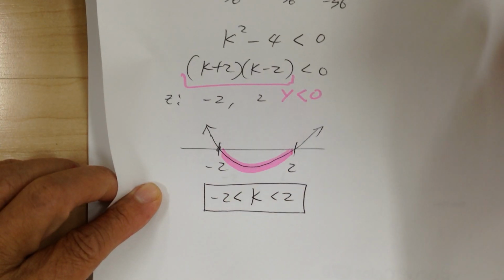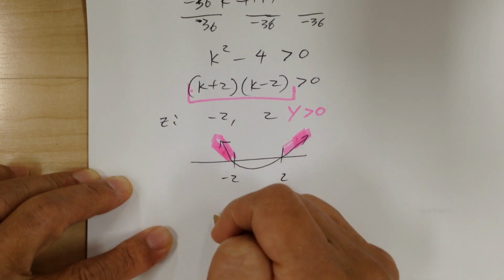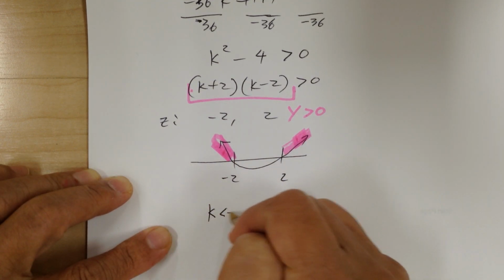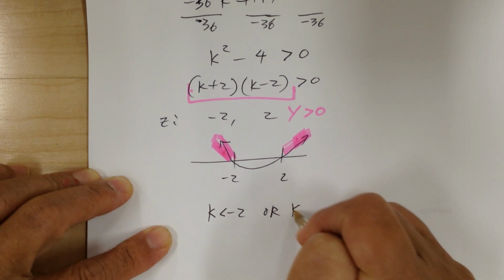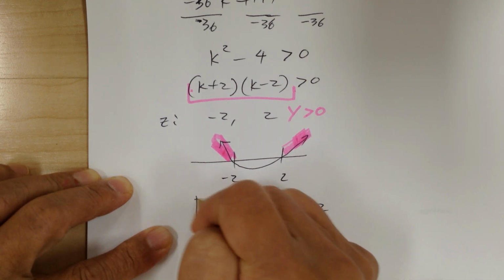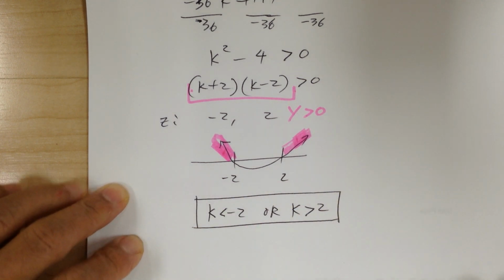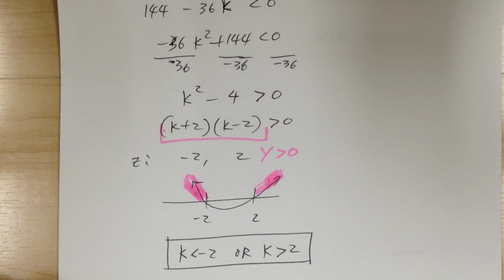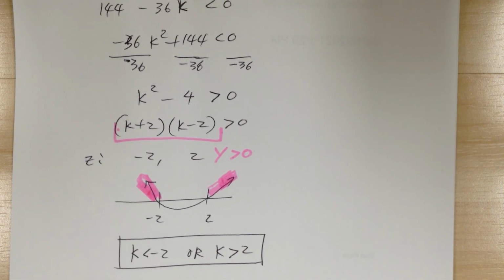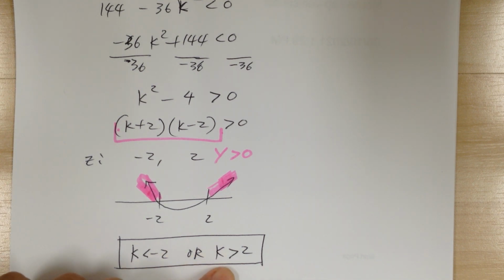So in this case, you get k is less than negative 2 or k is greater than 2. And this will be example 3c. So when k is less than negative 2 or greater than 2, you're going to get imaginary roots.